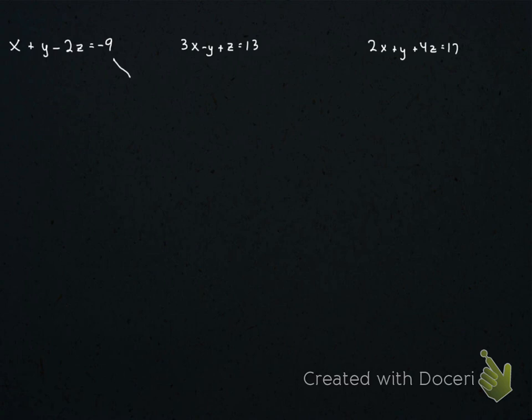And I basically just take the first two and I'm going to stack them and use elimination in order to get rid of one of the variables. Well, you can see when you line these up that the y's automatically cancel each other out. So that will leave us with an equation in terms of x and z only.